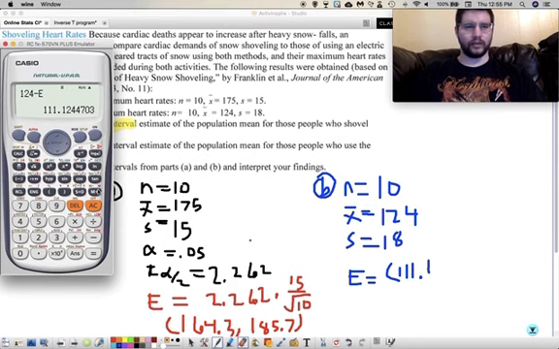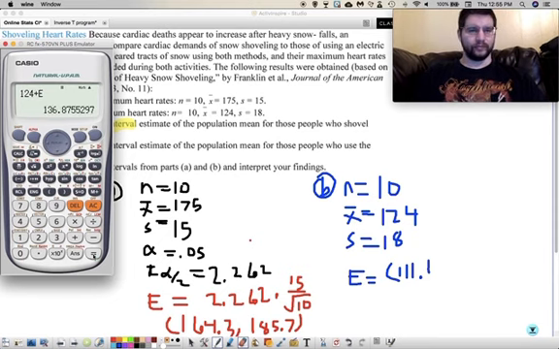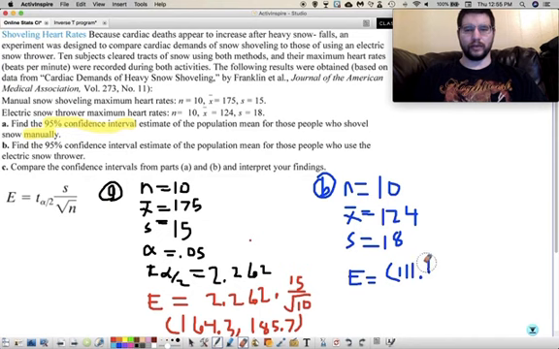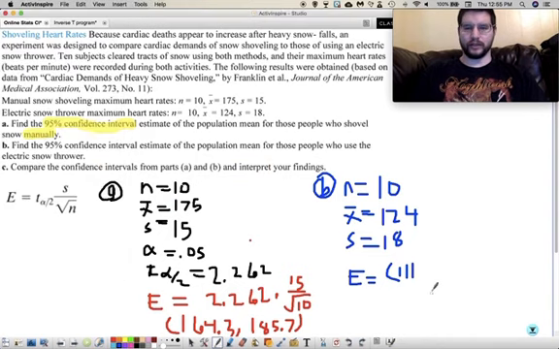So we're going to round these to one decimal place. The upper bound is 136.9, so that's going to be 111 to 137.